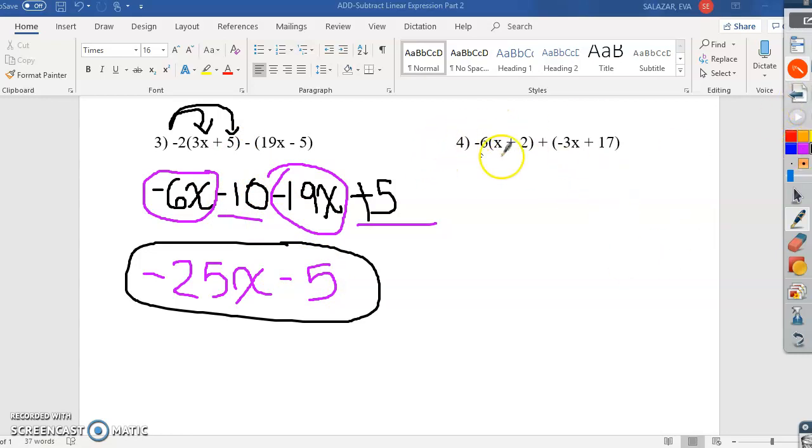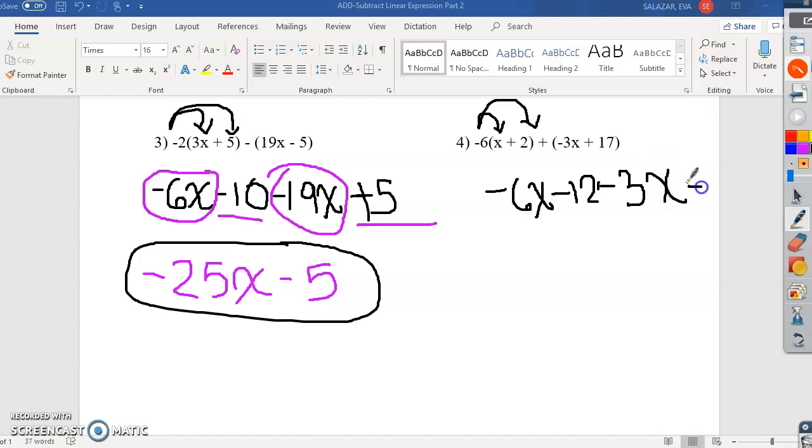Last one, negative 6 times x, negative 6x. Negative 6 times 2, negative 12. And then you have negative 3x and plus 17.